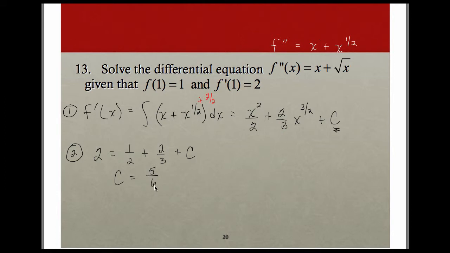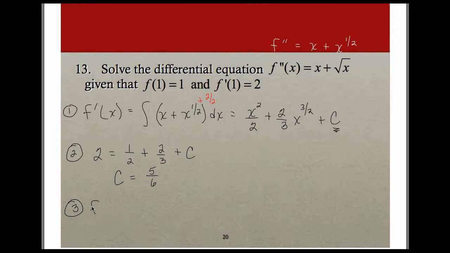You probably would want to keep it as a fraction, only because it's definitely more of an exact value as opposed to a decimal, okay? So kind of keep that in mind. When you do get fractions for these, you usually are going to leave them as fractions, okay? So now we know what c is for that, okay? So now we can set up a third step. All right, so we got our first derivative nailed down.